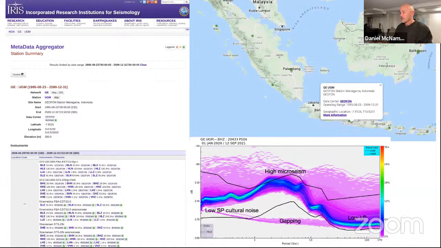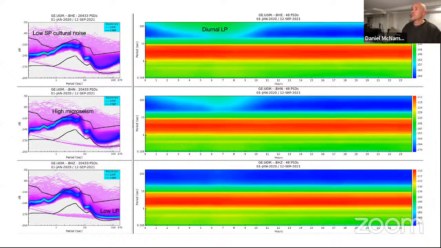Okay. So moving to the next, this is the diurnal variations plot for that station, UGM. You can see there's quite a bit of variation at the long periods and the horizontals, but the cultural noise short period band is very stable, hardly any variation throughout the day, just a tiny bit, but not much at all.